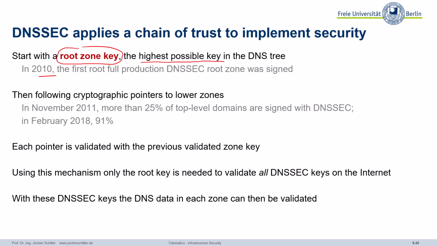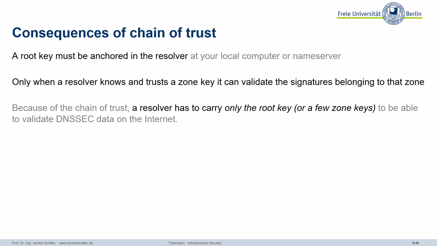So what are the consequences if we say, okay, we only need the root key? The root key must be anchored in the resolvers, either in a local computer or the next name server. So you can assume that, okay, I trust the next name server. If you can do this, different topic, but that's then the name server of your ISP typically.